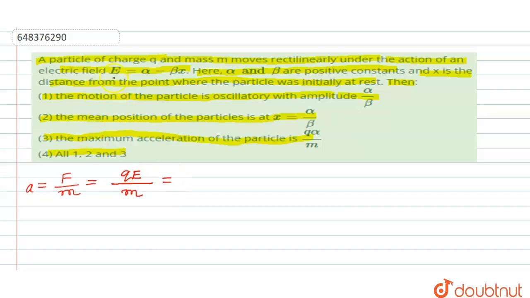So E is given as alpha minus beta x, so we can write a equals q into alpha minus beta x by m.